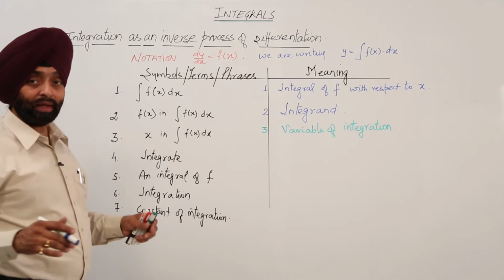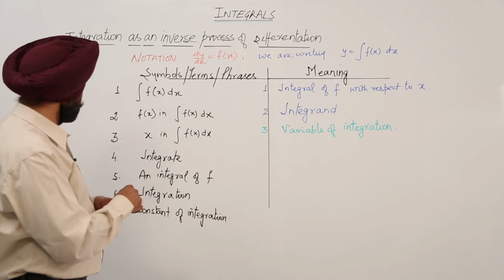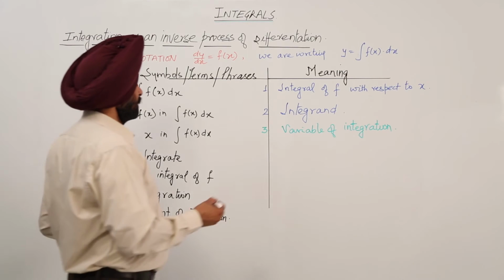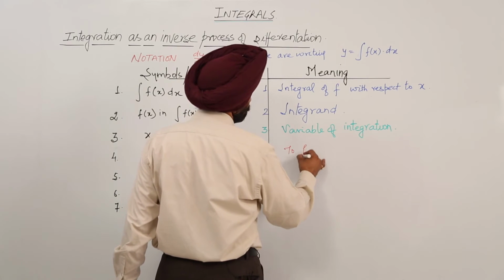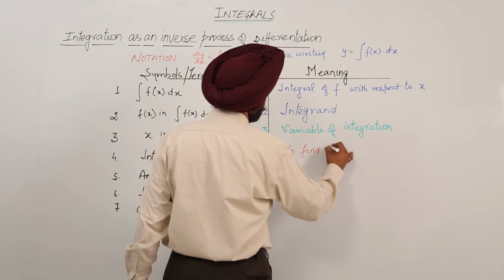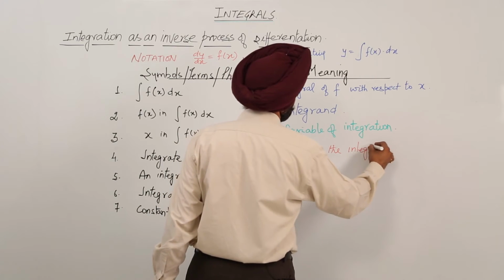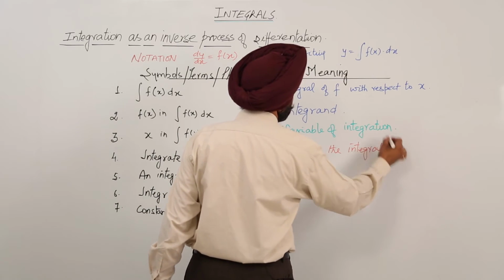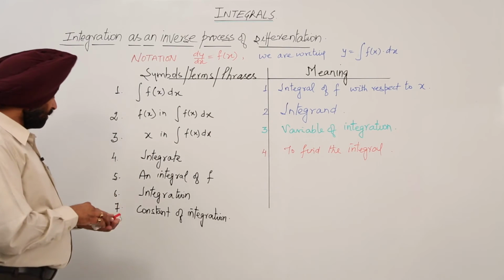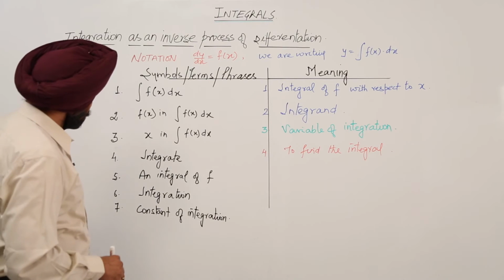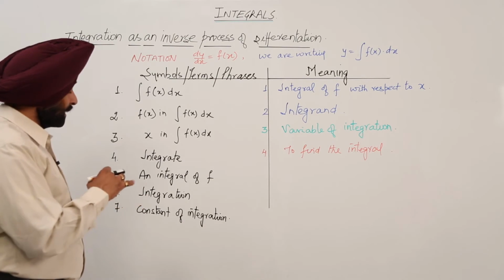Now what do you mean by integrate? Sometimes it is written integrate. Integrate means to find the integral. Now number 5, an integral of f. What is the meaning of an integral of f?